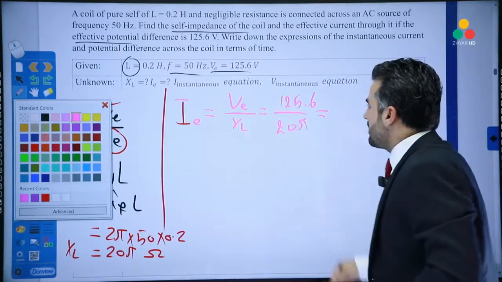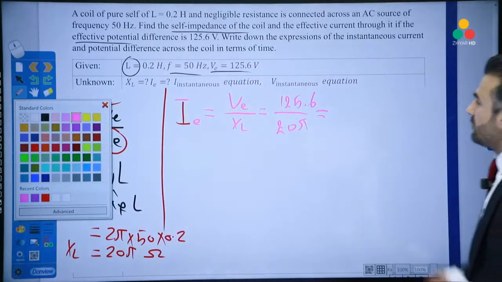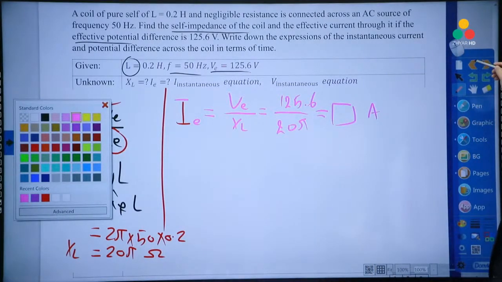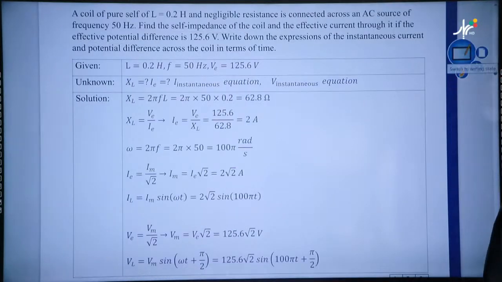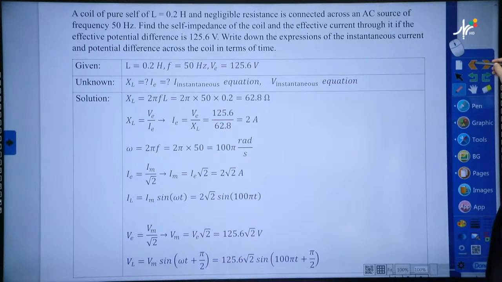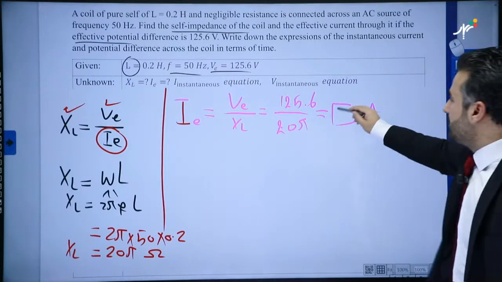And of course, you do the math, you will find the answer in amperes. Go to calculator and do the math and see what it is. You can see that it is equal to 2 amperes here.